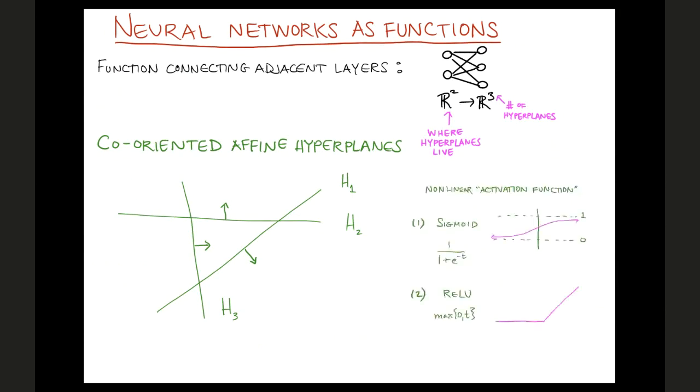Okay, now how is the function defined? Well, the answer is it sort of depends. The idea is that the components of the function are defined by the hyperplanes, and it's a so-called ridge function with respect to the affine hyperplane.